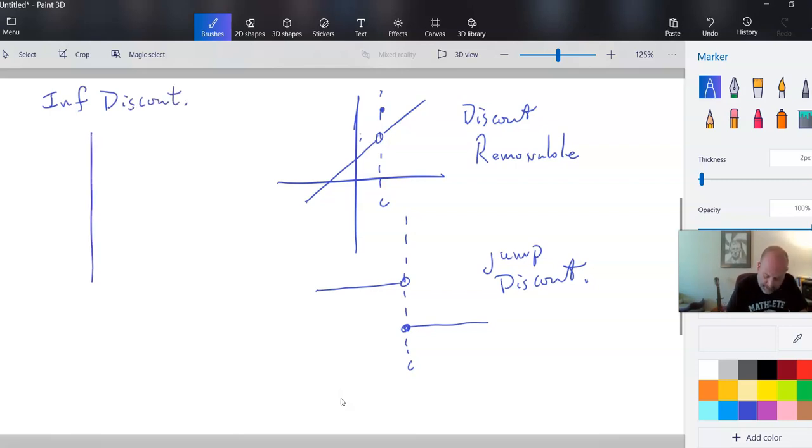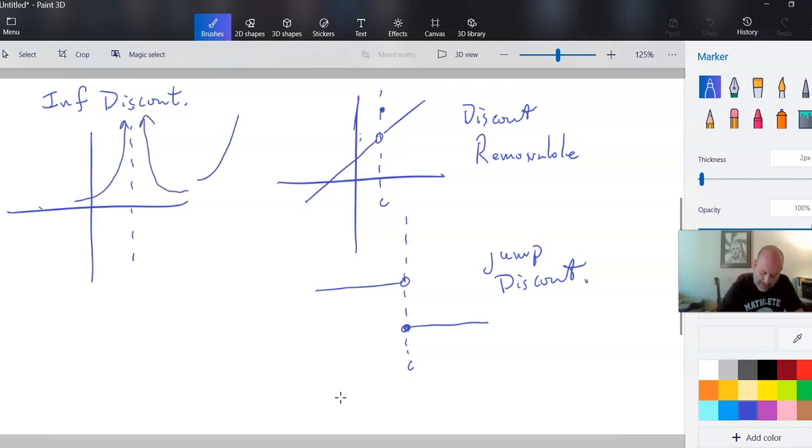Right, and those are asymptotes, where you have something like this, and maybe you have two things that go up like this, right? That happens from time to time. Sometimes you have them so one goes up and one goes down, right? These are infinite discontinuities. And they're the ones that part of the function goes off into infinity, basically, is what happens. And so you can't draw it continuously with one pencil.